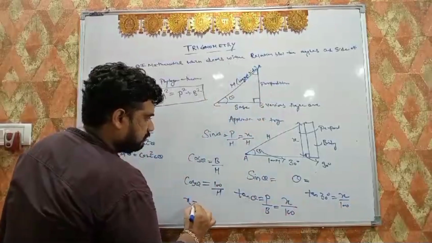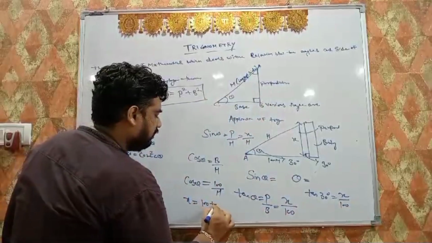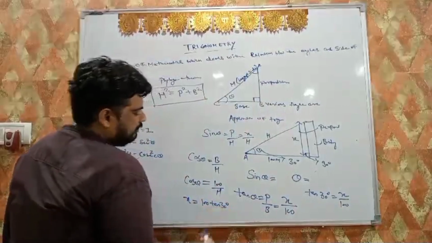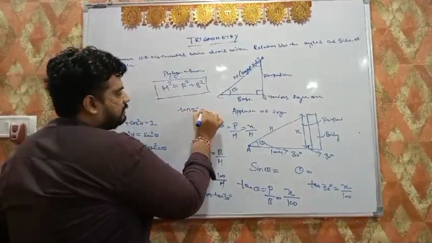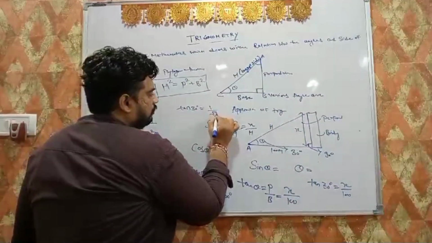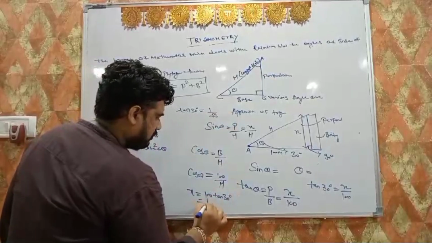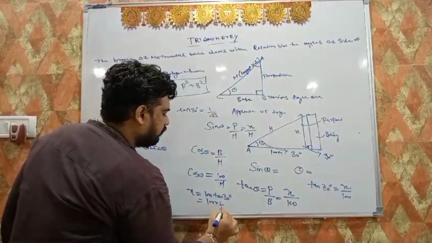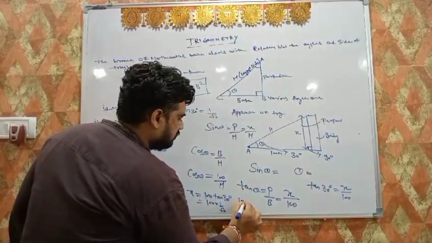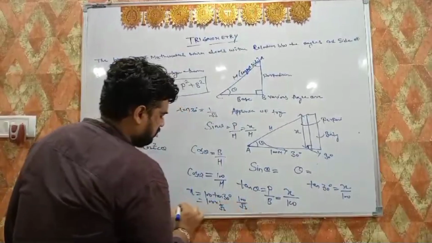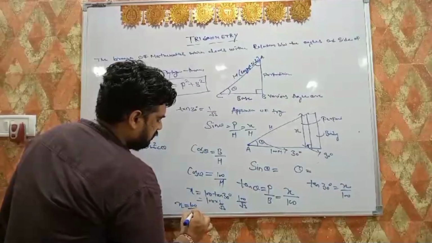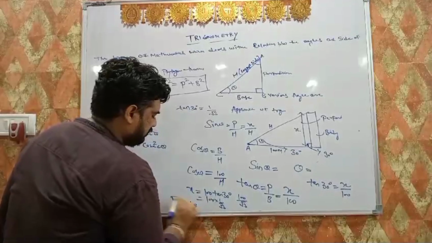So x is equal to 100 tan 30. The value of tan 30 is 1 upon root 3. So 100 into 1 upon root 3 is 100 upon root 3. So this is the height of the building.